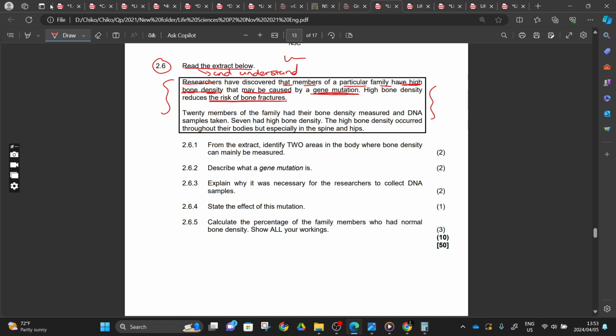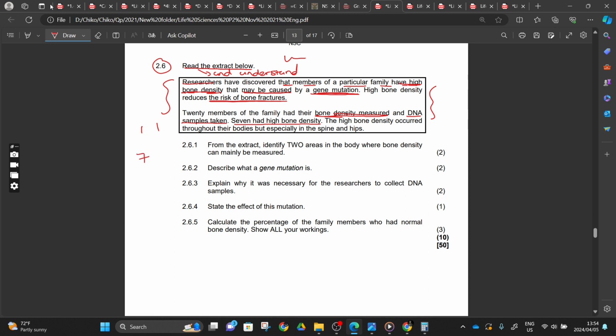And then let's go to another paragraph. It says 20 members of a family had their bone density measured. So they measured the bone density, and the DNA sample was taken. They measure their bones, and then they take their DNA sample. That 7 had high bone density.